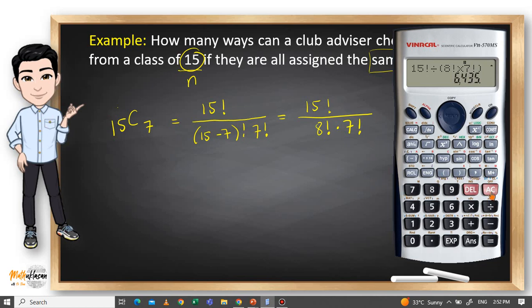And of course, we can check that by directly pressing 15C7 on your calculator if you have one. So the answer is also 6,435.